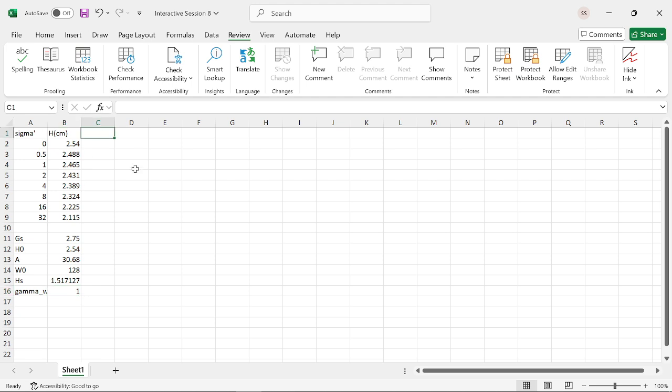So initially, let's calculate height of voids here. Height of voids is height minus height of solids.